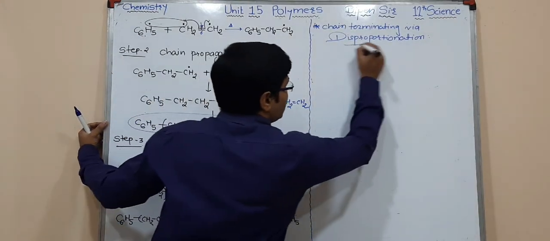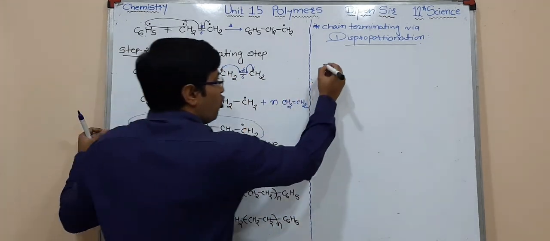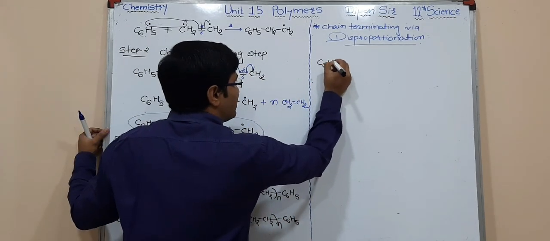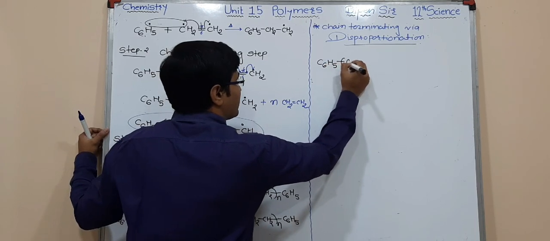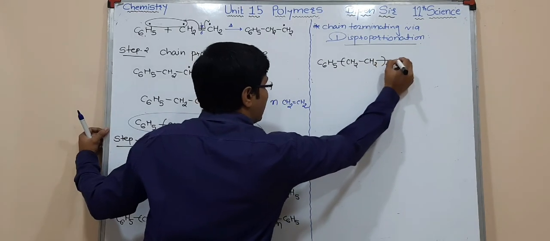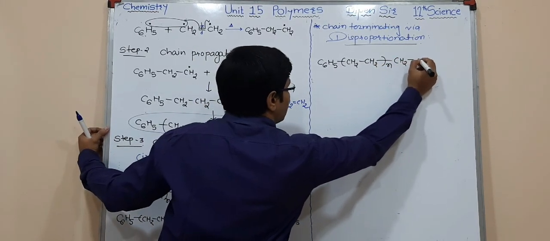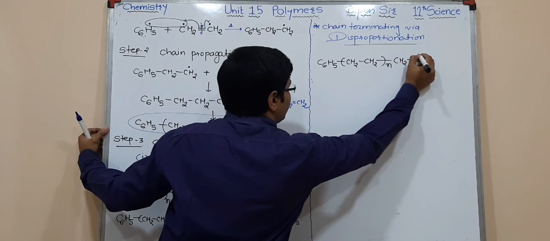In the disproportionation reaction, first of all we have a long chain of free radical C6H5 CH2 CH2 n times CH2 CH2.